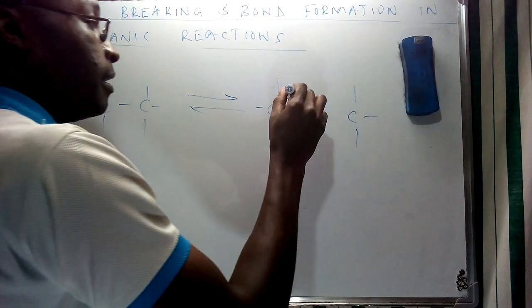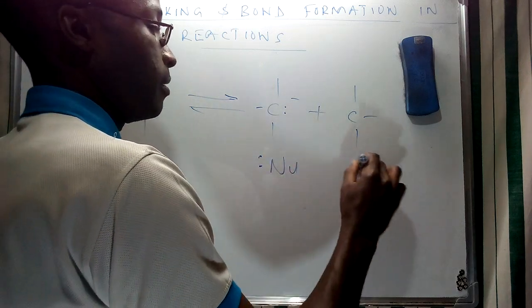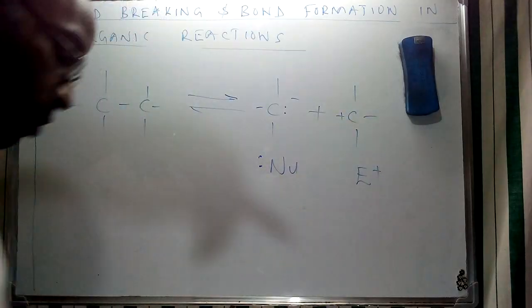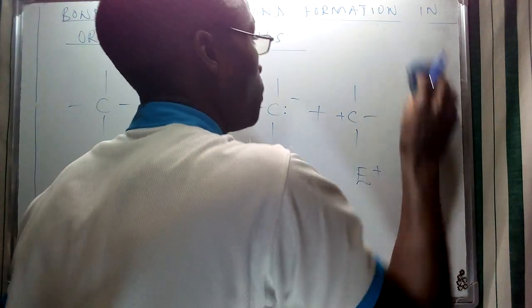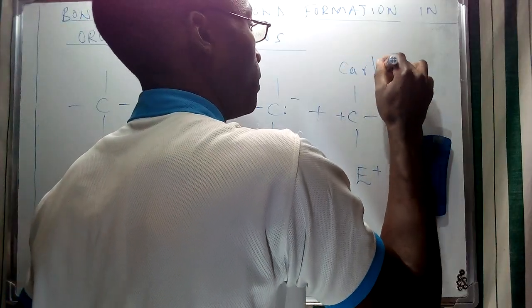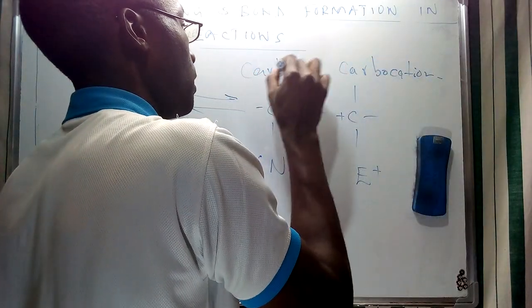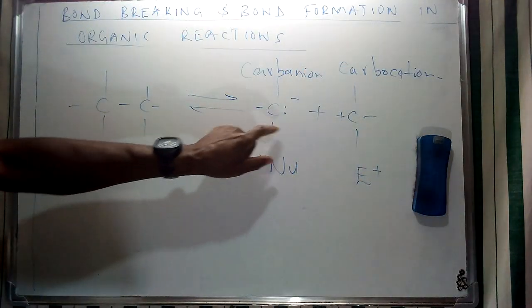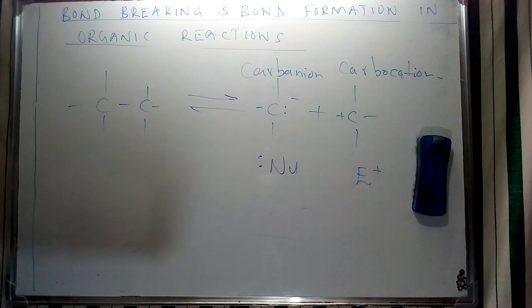And I'd given this one as analogous to a nucleophile, whilst the other side is going to form an electrophile that is going to consist of what we refer to as a carbocation. So this is a formation of a carbocation, and this is a carbanion that is going to be formed, the two respective parts for the product species.